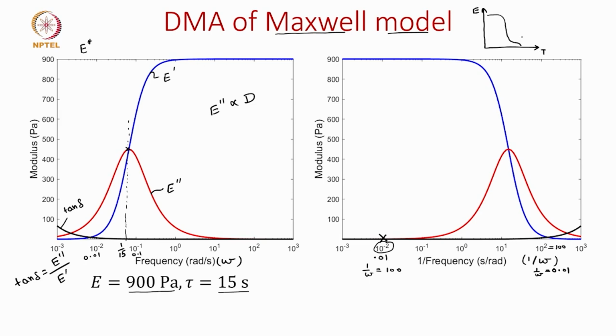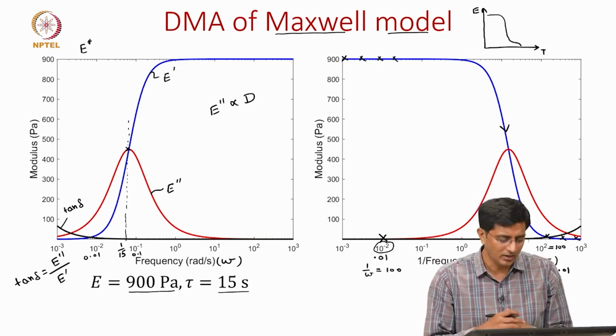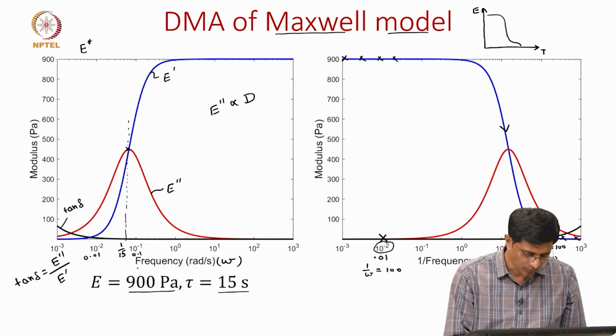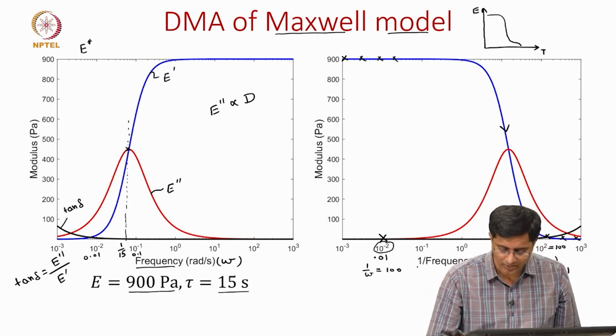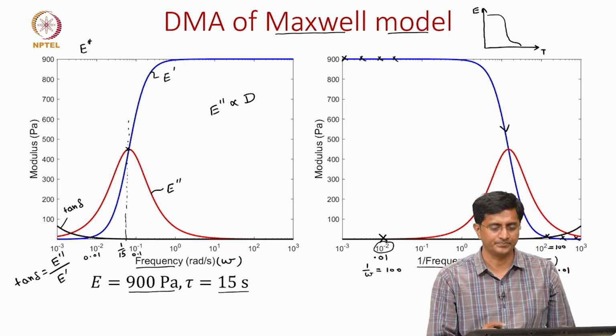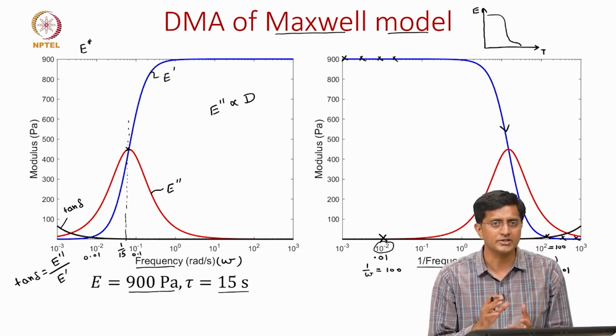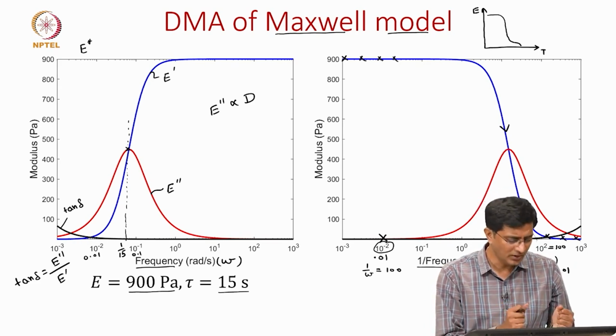It starts with a very high value like the value seen here, and then at the relaxation times the modulus drops down, that is what we are seeing in this region, and finally the modulus reaches a low value here. That is the reason why, in addition to plotting with frequency, people also plot it as 1 by frequency.